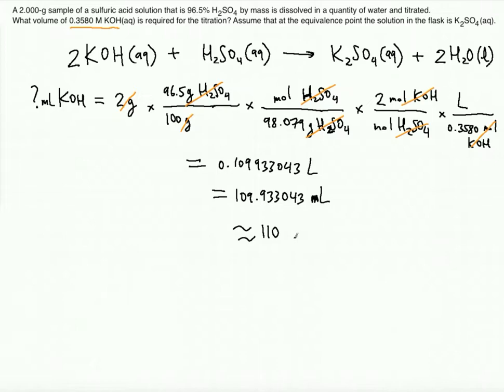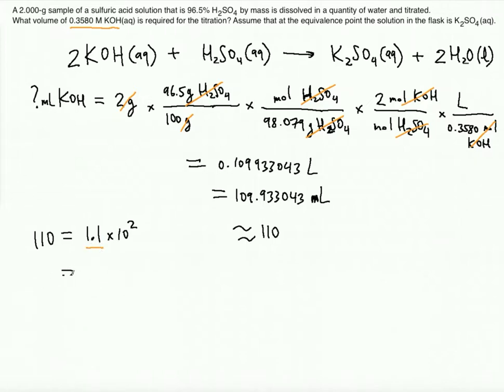And that's going to be 110. But here's where you've got to be careful. 110 is ambiguous, right? Because this is not 3 significant figures. 110 can be expressed as 1.1 times 10 to the 2, and that's two significant figures, because this is what dictates the number of significant figures.